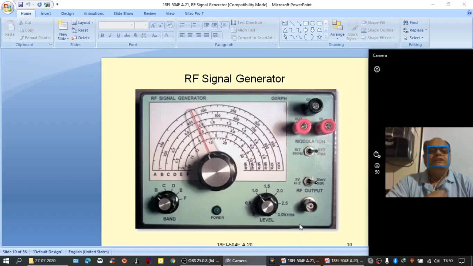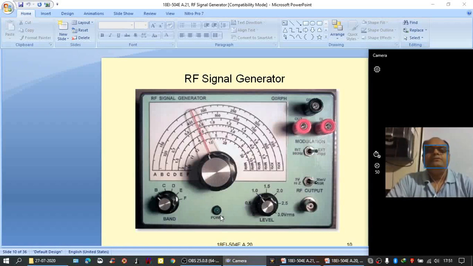Here we will get the radio frequency output signal. As it is, the original signal is available here, and when you apply the external audio frequency signal you will get modulated output here. So this is one type of radio frequency signal generator, and here of course a power indicator switch also is available.